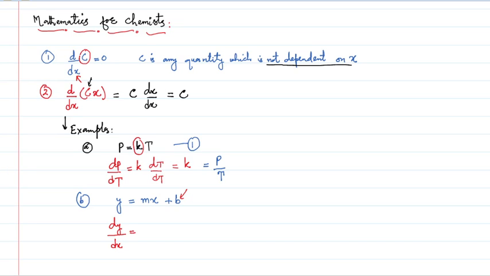The slope m is independent of x, so we will take it out and write dx upon dx, plus the constant b, which is independent of x, and that will be simply equal to 0. So this can be simply written as equal to m.